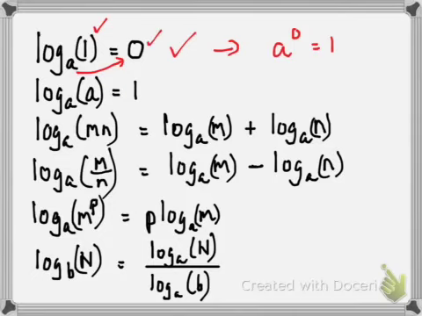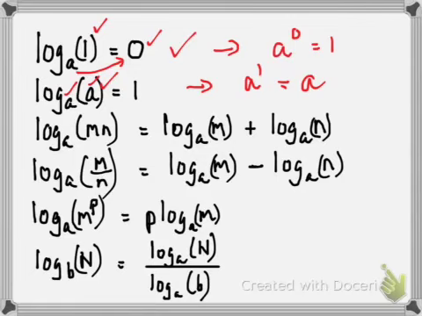Log a to the base a equals 1, and that stands to reason too, because anything to the power of 1 equals the same expression. So log 10 to the base 10, log 5 to the base 5, etc. all equal 1.